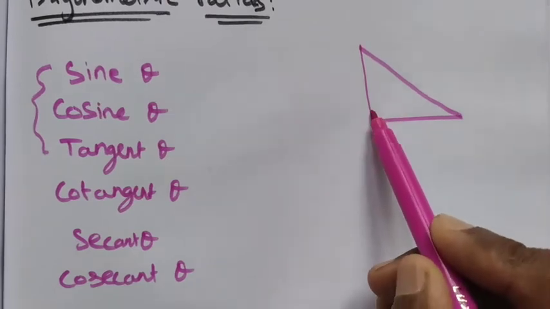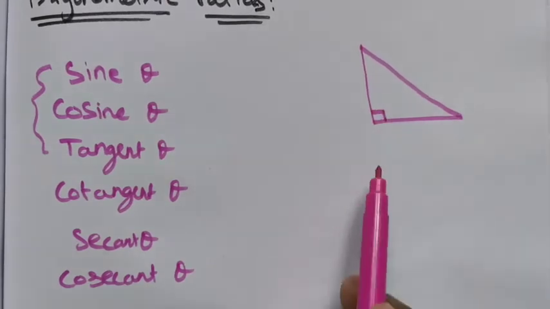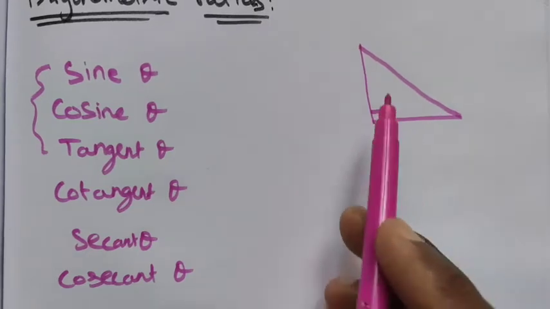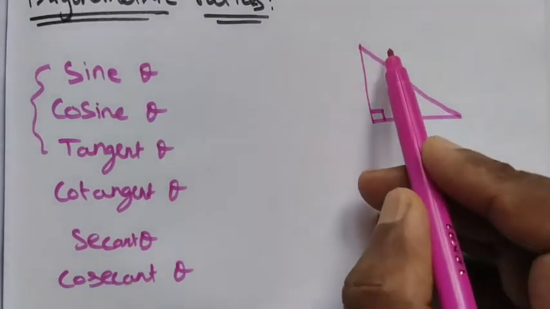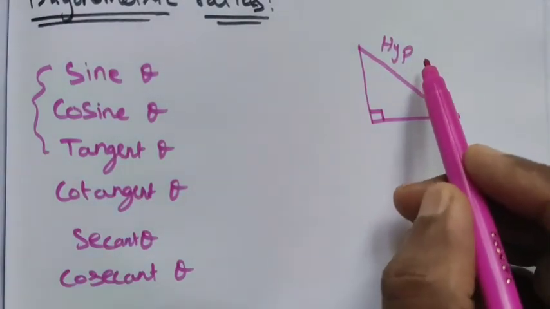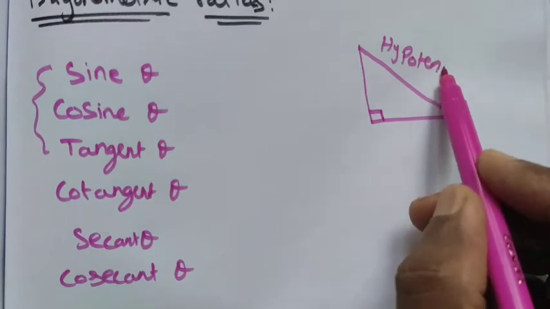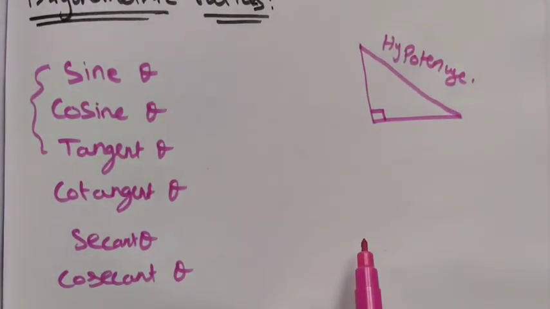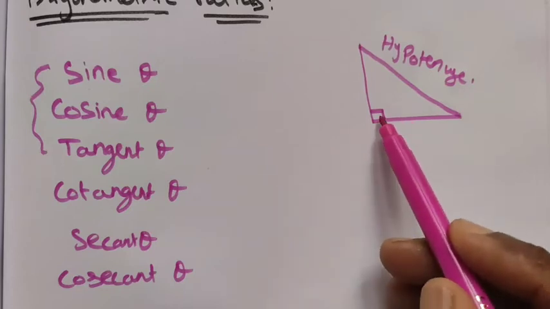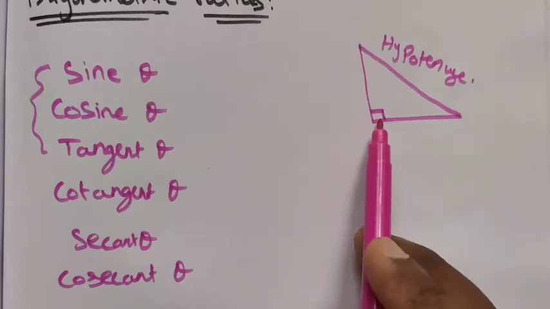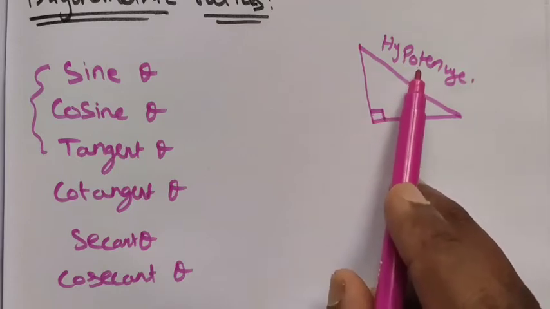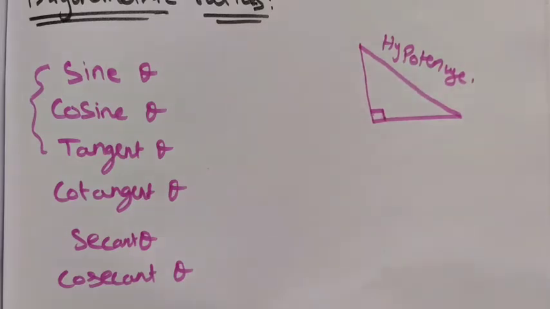Right angle triangle means the condition is one of the angles is 90 degrees, right? So always the longest side is called the hypotenuse side. The longest side will always be opposite to the 90 degree, so we take this as the hypotenuse side.